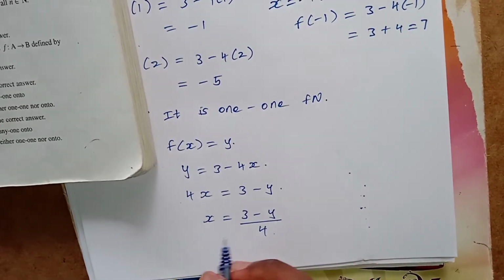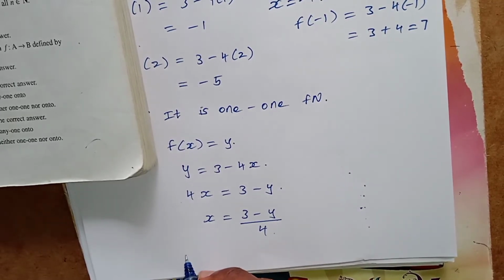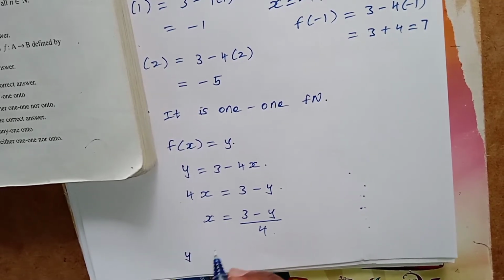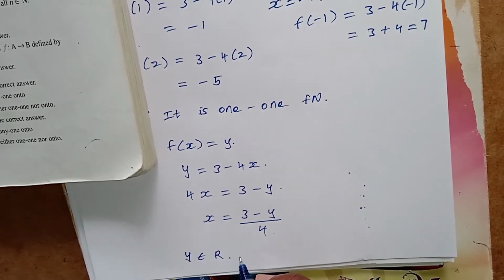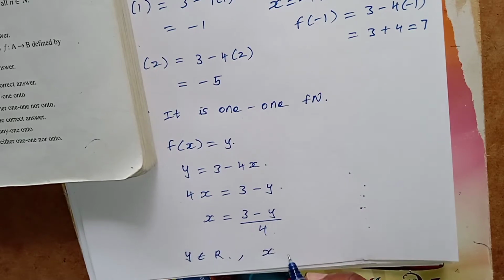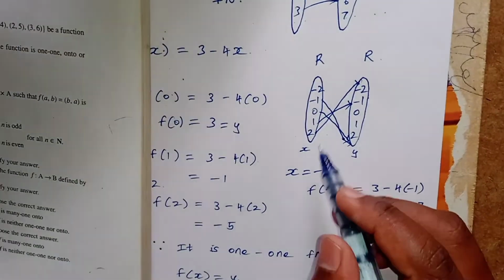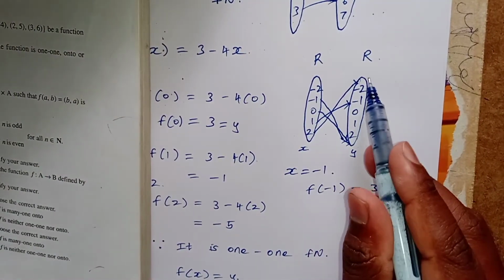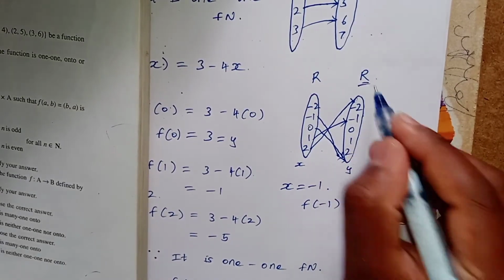For every value of y, if I take any real number, x again becomes a real number. Therefore, in the codomain, every element will be filled because it is a real number.